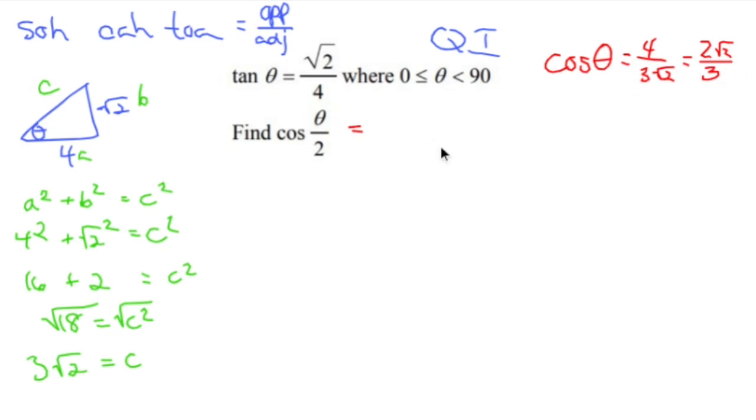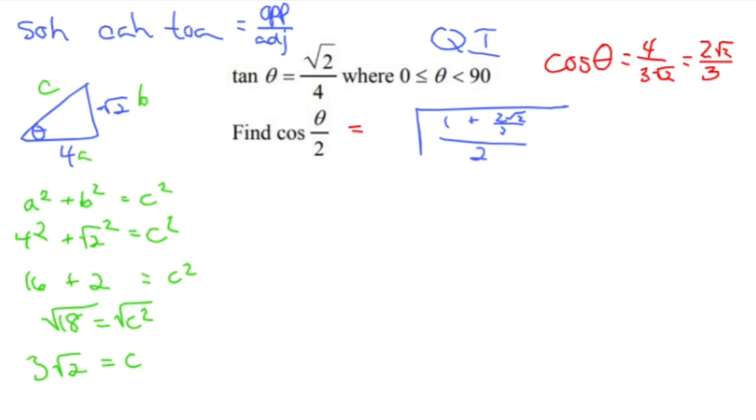So the half-angle formula says, let's do plus or minus, which I know one of those is kind of useless, but I'm still writing it out. 1 plus cos theta, which is 2 root 2 over 3, all over 2. Now, one of the things that I don't need here is the negative. Why? Well, because this is quadrant 1. Cosine's positive in quadrant 1. So I don't need that negative there.